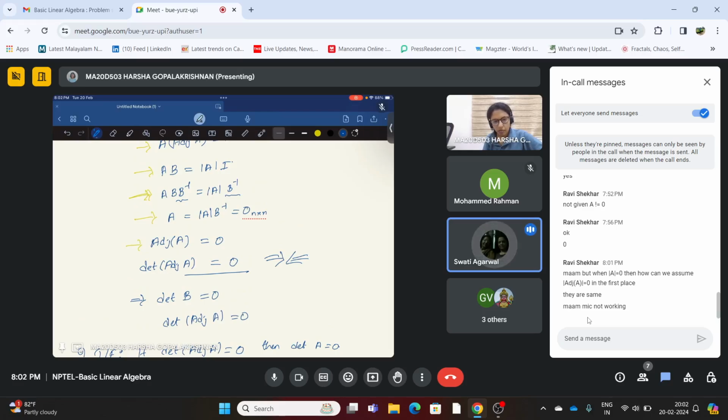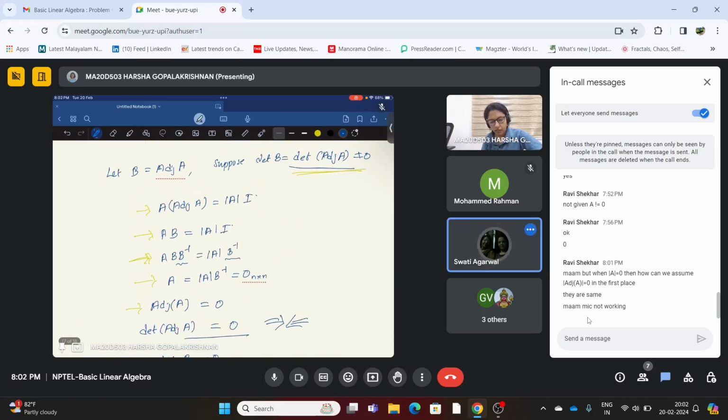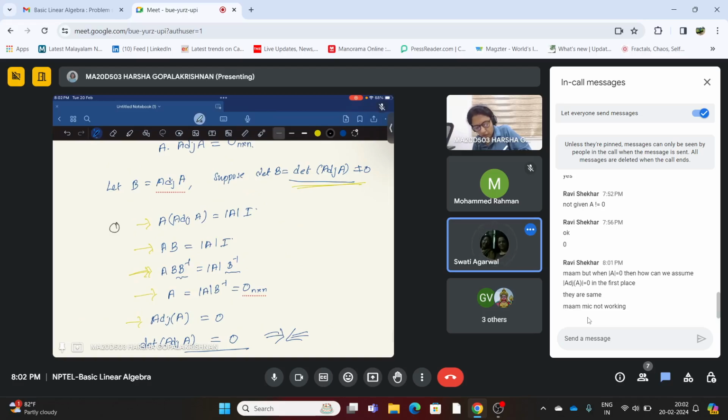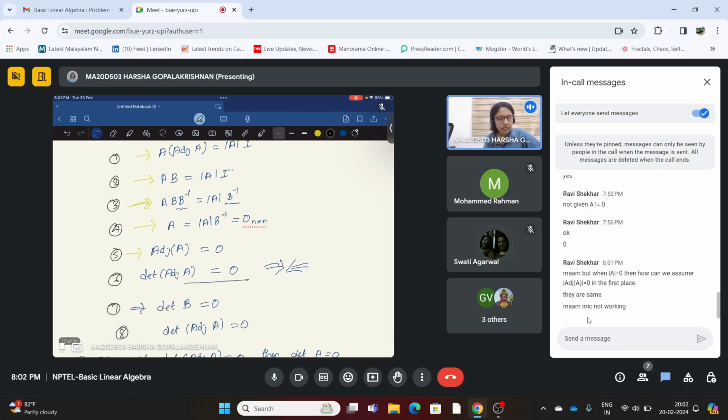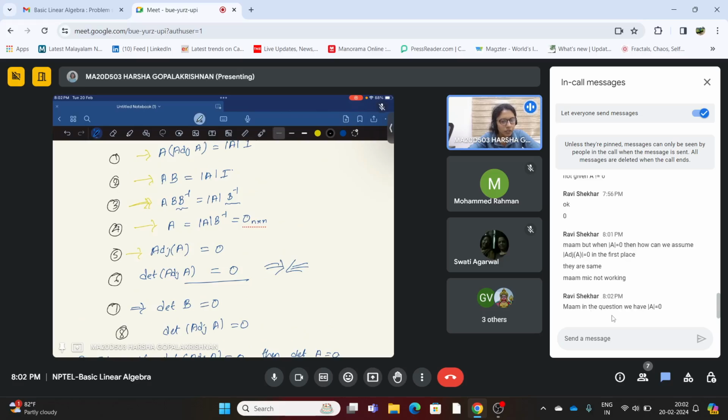Ma'am, you can put line numbers and then he can say which line he's telling. In which step are we using determinant of A equal to 0? Ma'am, in the question we have determinant of A equal to 0.